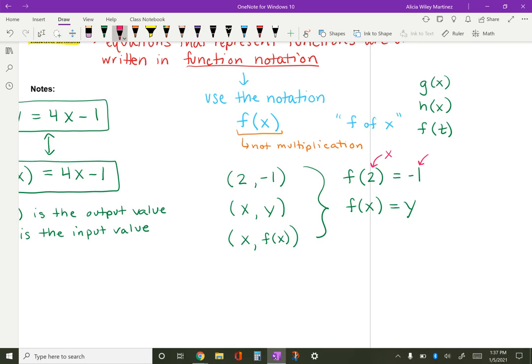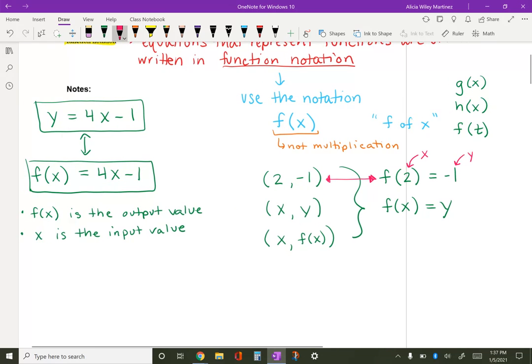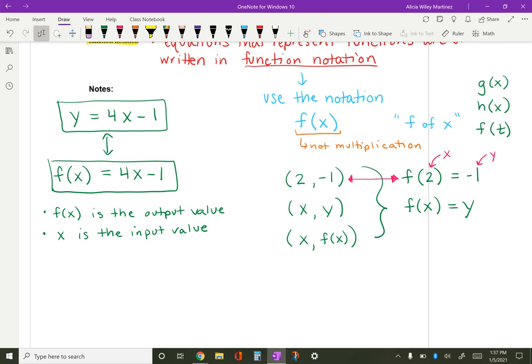This value that this whole entire function notation equals is representing my output value. So if I put x into the function, what's going to come out of that whole function is going to be -1. Hence the names input and output value. So this is basically another way to write an ordered pair. And I'm going to talk about that as well a little bit further into our examples.